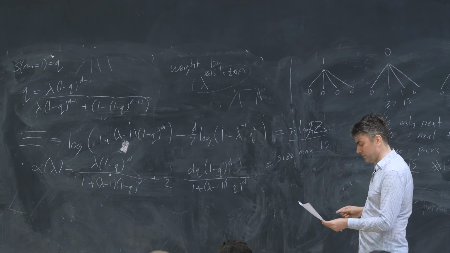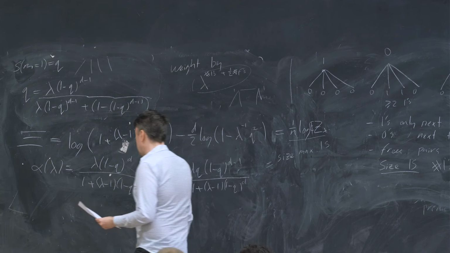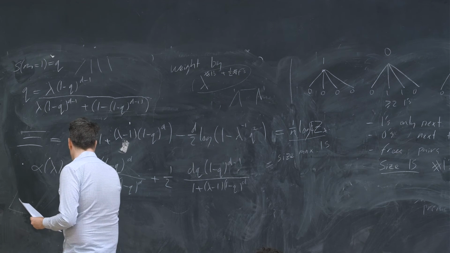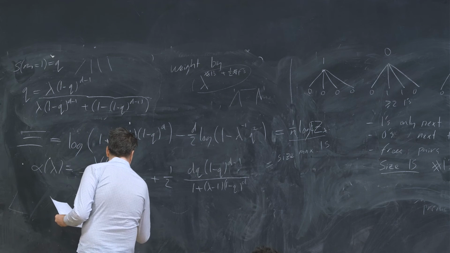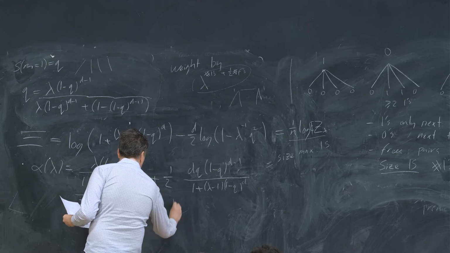So we have to subtract that off. So we'll look at phi of lambda minus alpha of lambda times log lambda.